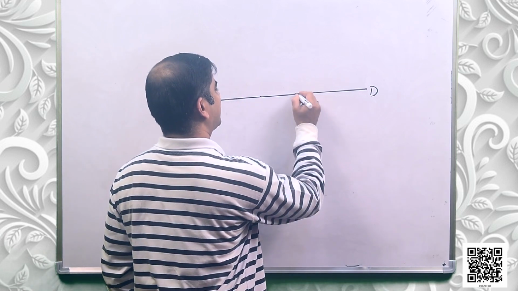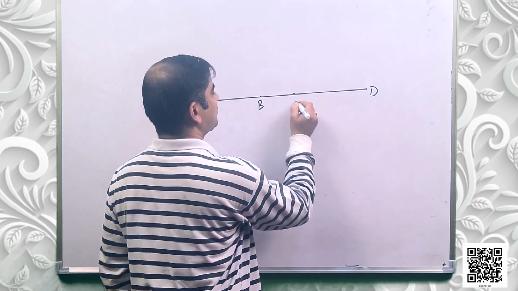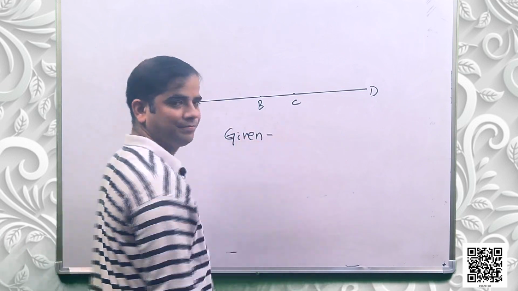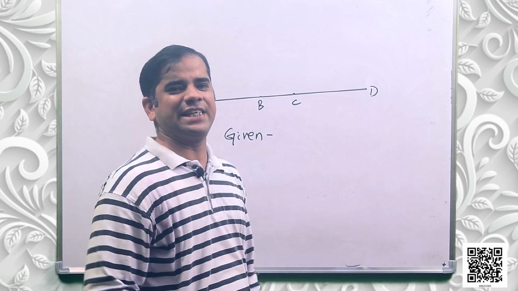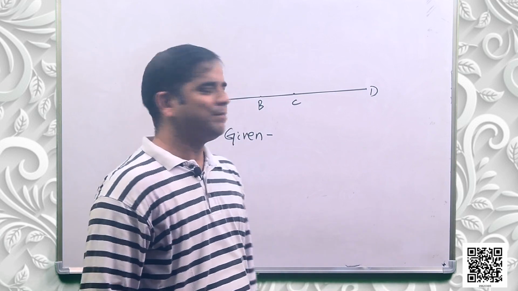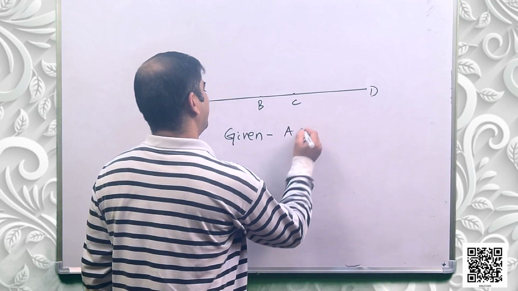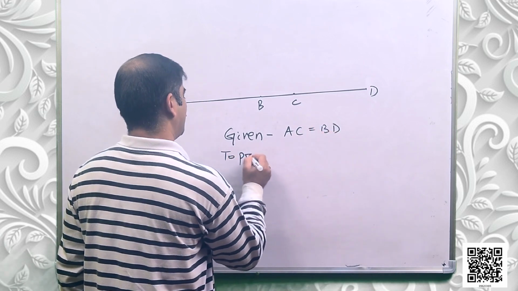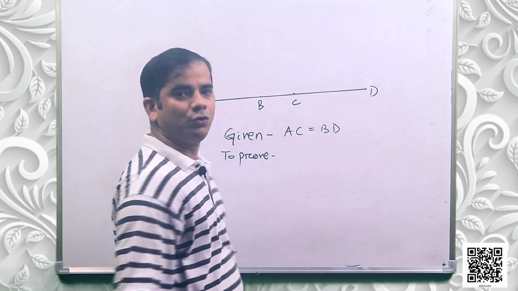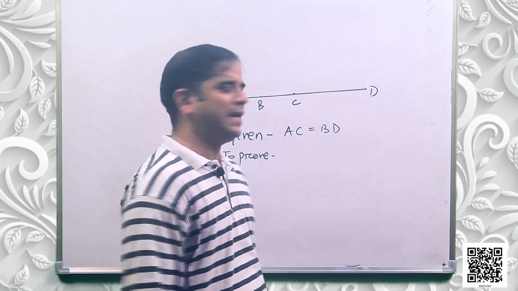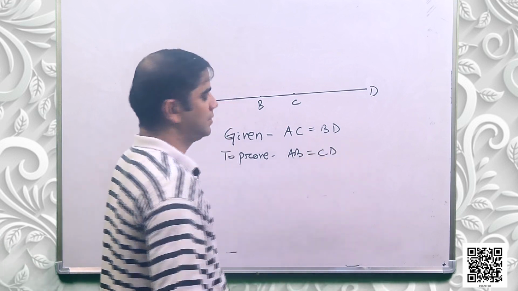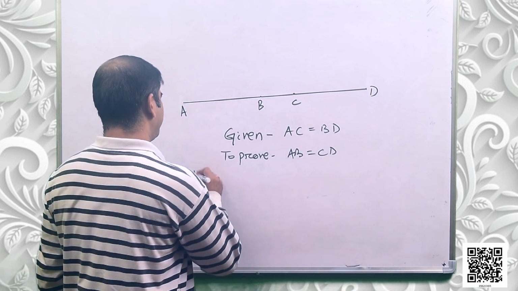One is B, another is C. And it is given that AC is equal to BD. We need to prove that AB is equal to CD. Okay, let us prove.